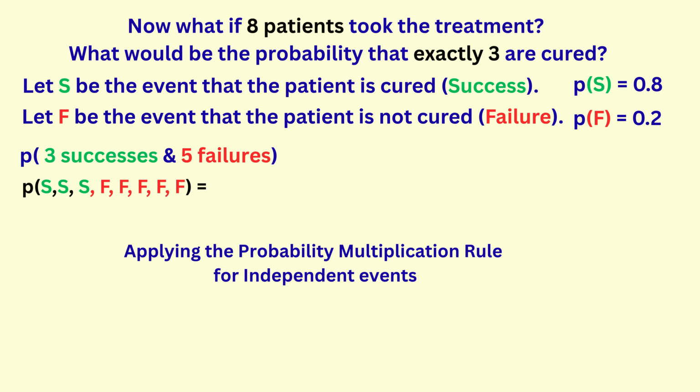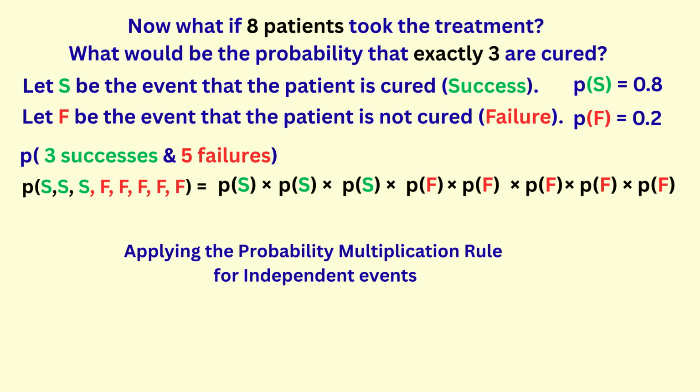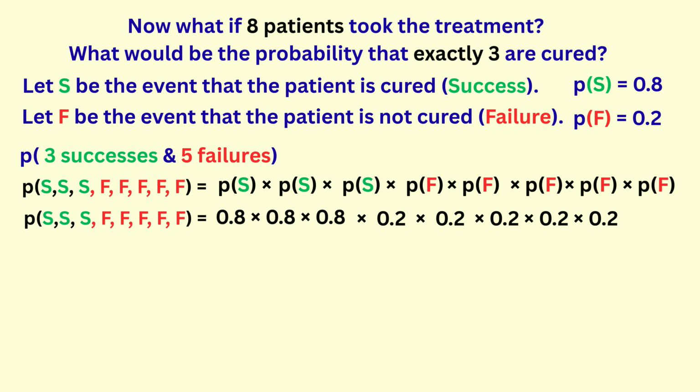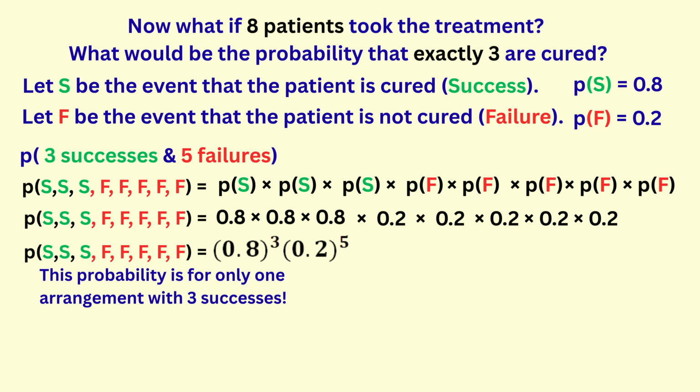Using the multiplication law of probability, we can find the probability of the 3 S's by multiplying the probability of S, that's 0.8, 3 times, which can also be expressed as 0.8 raised to the third power. Also, the probability of the 5 F's can be found by multiplying the probability of F, that's 0.2, 5 times, which can also be expressed as 0.2 raised to the 5th power.